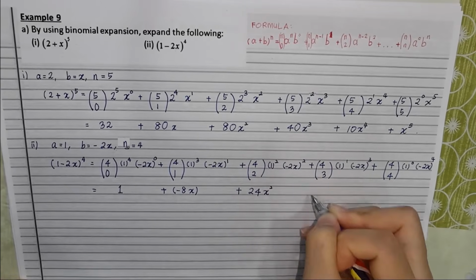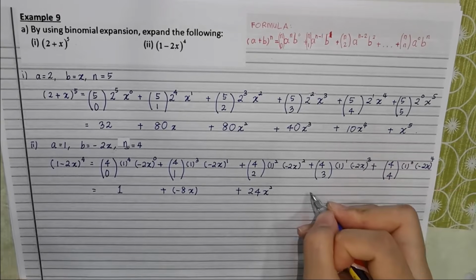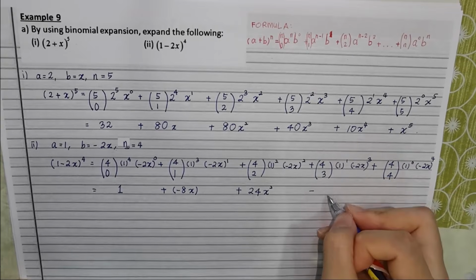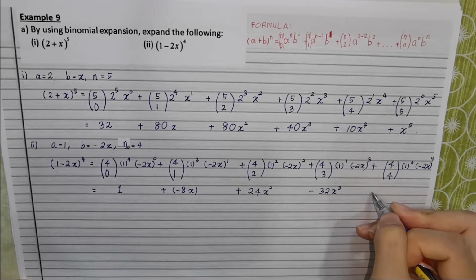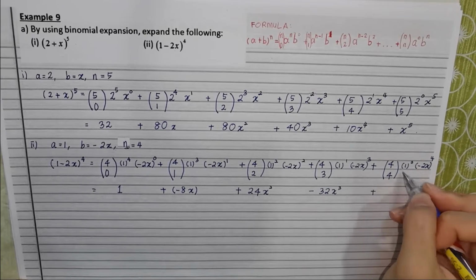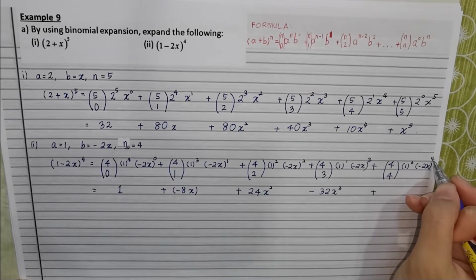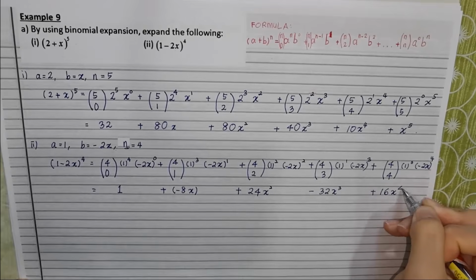Plus 4C2 times 1 times positive 4, we should get a positive number, positive 24x squared. This is a negative number because we have an odd power, so 4 times negative 8 is negative 32x cubed, plus the last term, 1 times positive, 2^4 is 16, so positive 16x^4.